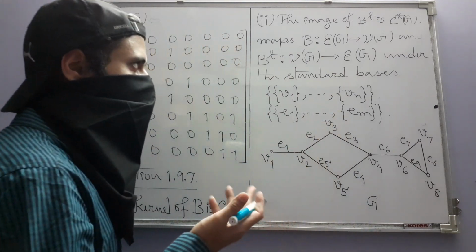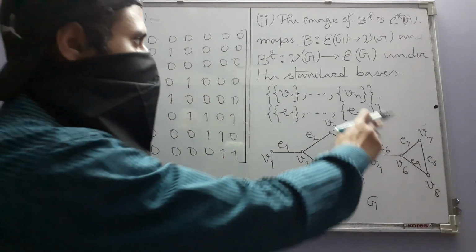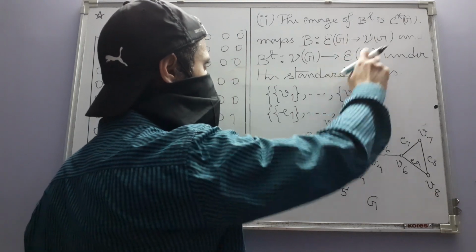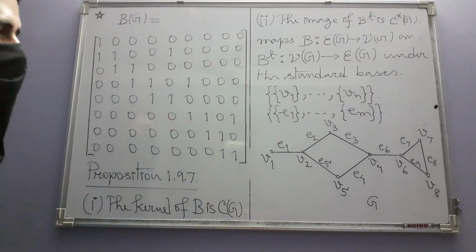We already know for any linear transformation that it is also a subspace of the second space. So here is again the edge space. This time we get the cut space.